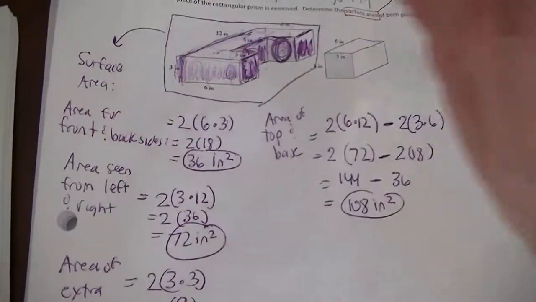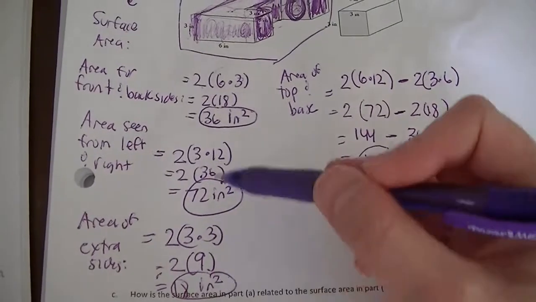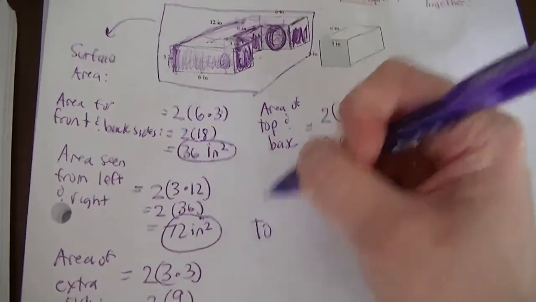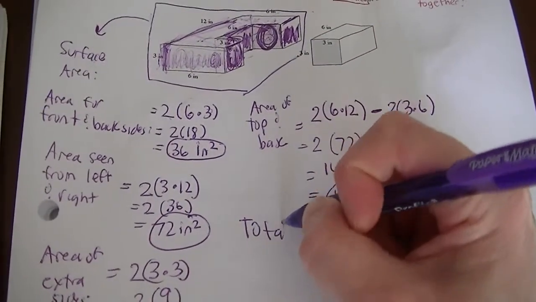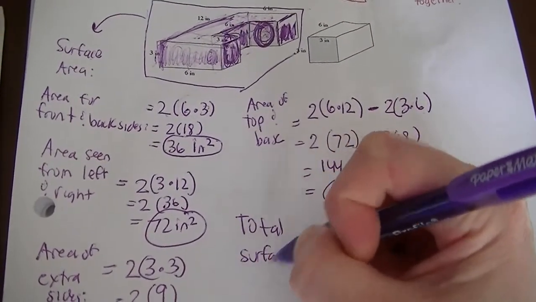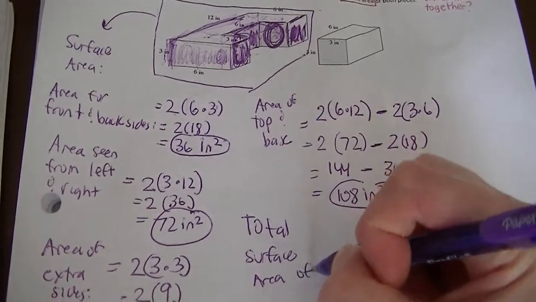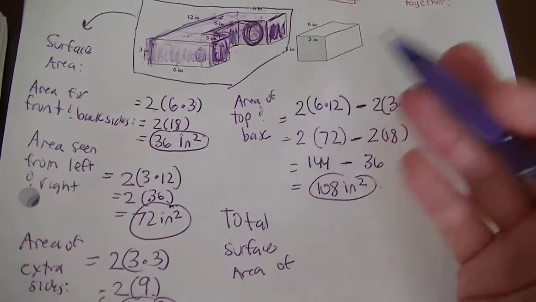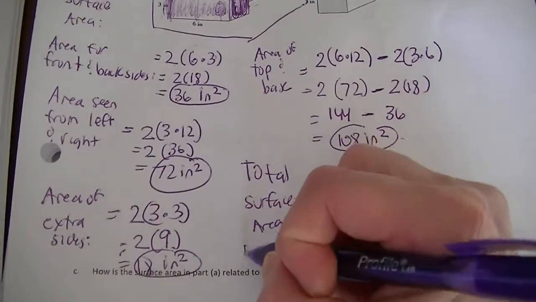Now to find the surface area, we need to add every single one of those that I circled to find the total surface area of this prism right here. I'm going to call it a purple prism. If you're not using purple, you should probably name it something else.